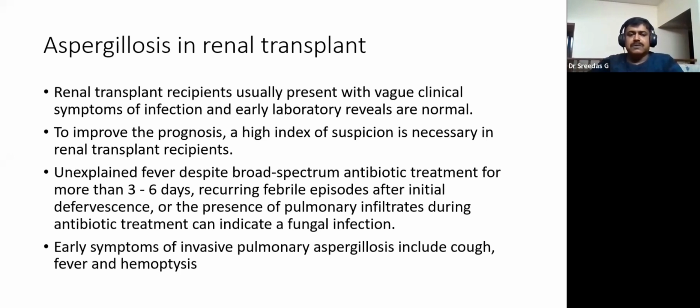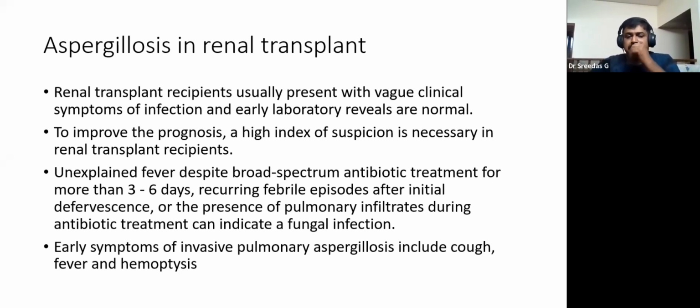To improve the prognosis, a high index of suspicion is necessary. Unexplained fever despite broad-spectrum antibiotics for more than 3 to 6 weeks, recurrent febrile episodes after the initial defervescence, and pulmonary infiltrates during antibiotic therapy can indicate a fungal infection.